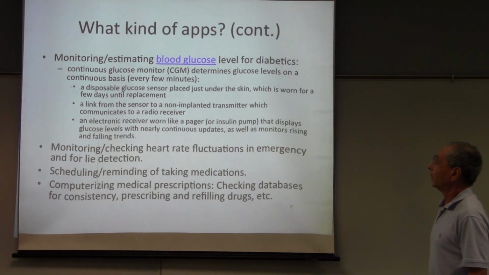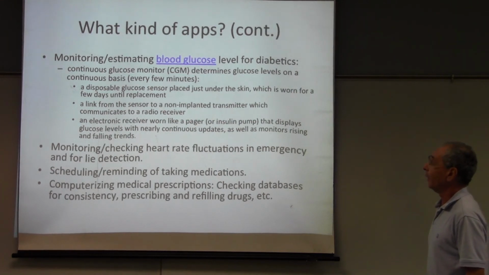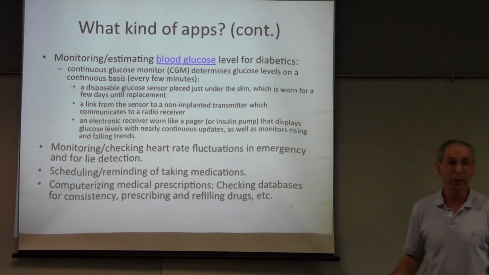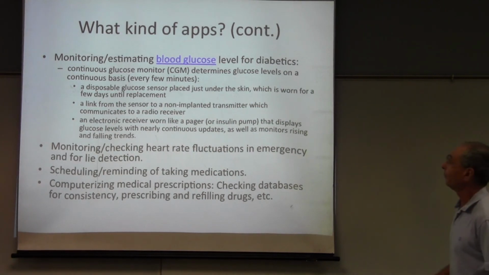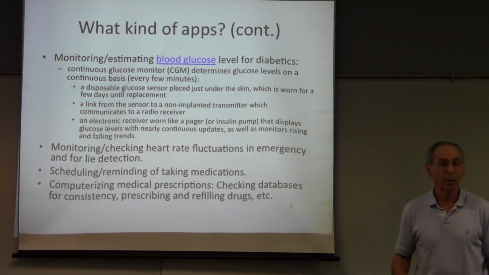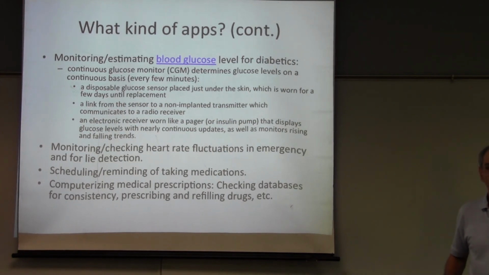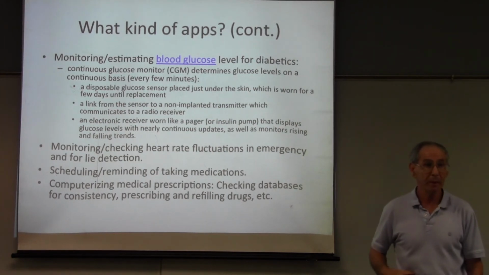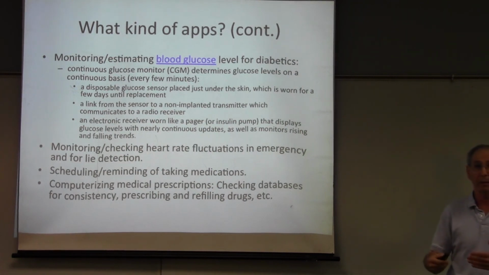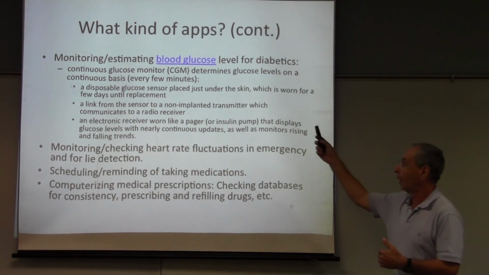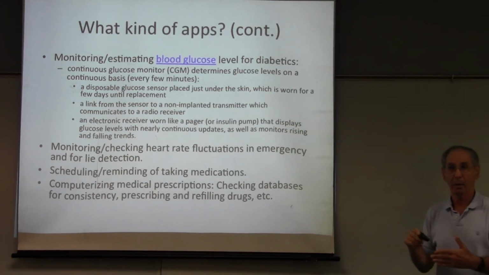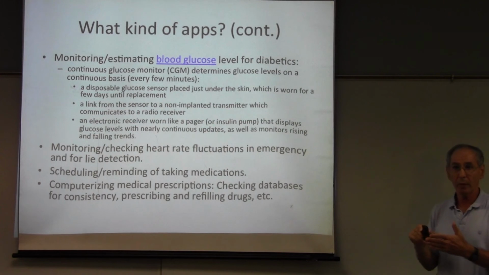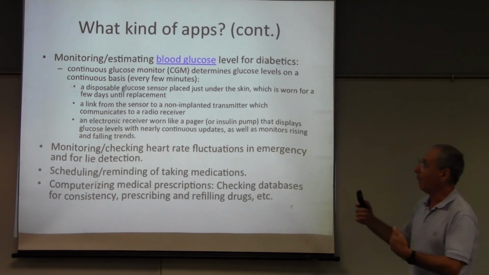And the problem is that it's not an easy thing to monitor glucose levels continuously. There are insulin pumps that provide insulin based on the monitored glucose level, but it's not automated.